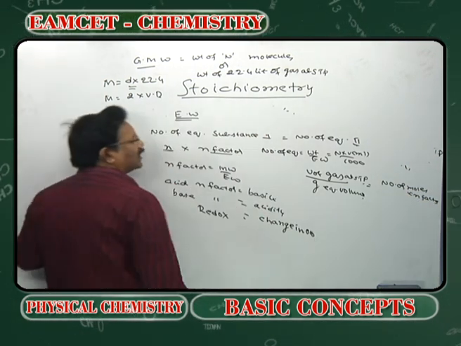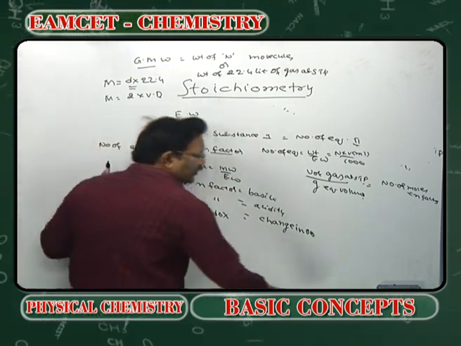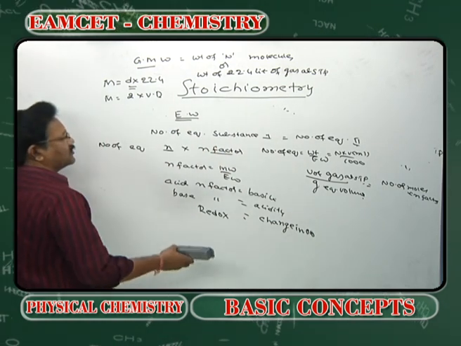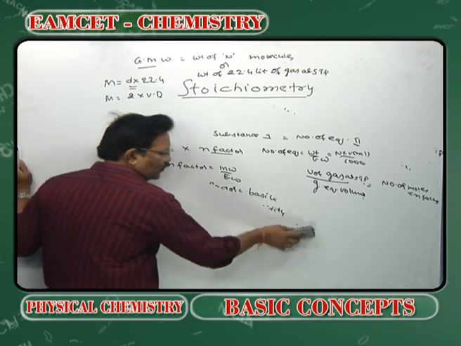These are the ways to calculate the number of equivalents. These are the important formulas involved in this chapter. The remaining things we can discuss through the questions.